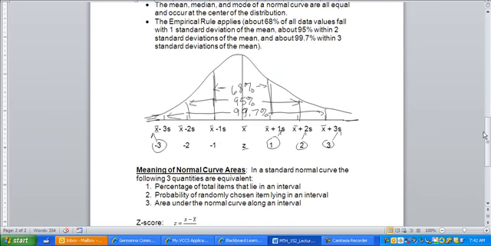In calculus, you can actually compute these areas using the formula for the graph of the bell curve. For us, we'll be using a table.